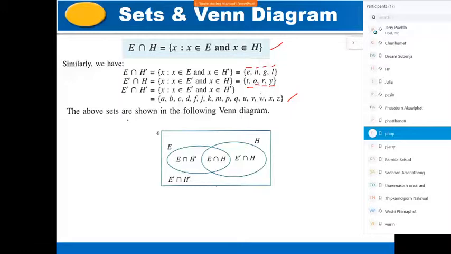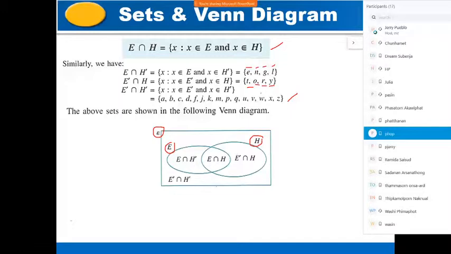The above sets are shown in the following Venn diagram. If we put the mathematical expressions in a Venn diagram, we have the set E here, and the universal set here, and then the set H here.